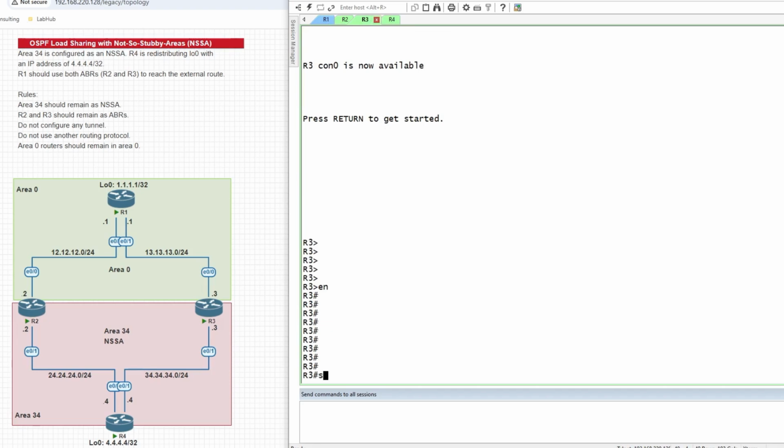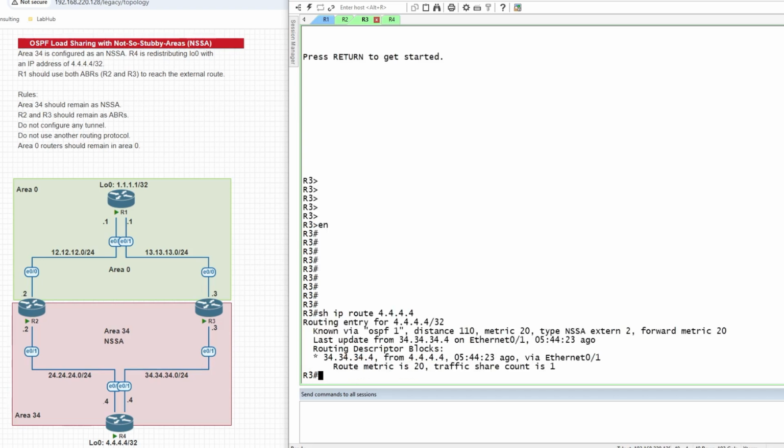Now let's look at R3. So we do show IP route 4.4.4.4. Same on R3, it has been learned as a type 7 external route, N2, also from 4.4.4.4, which is R4.